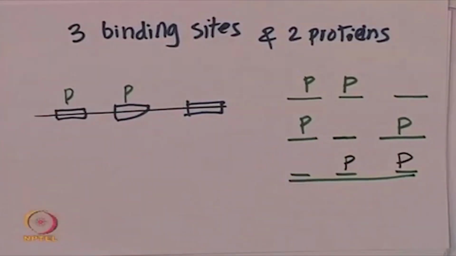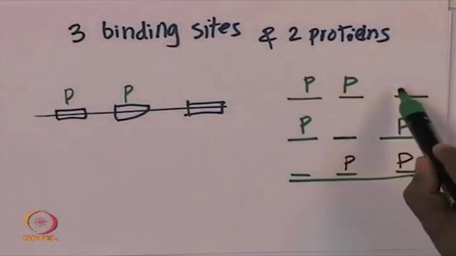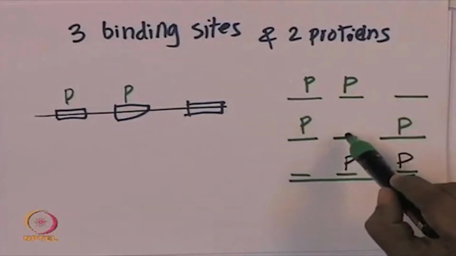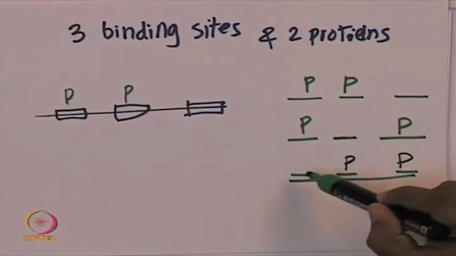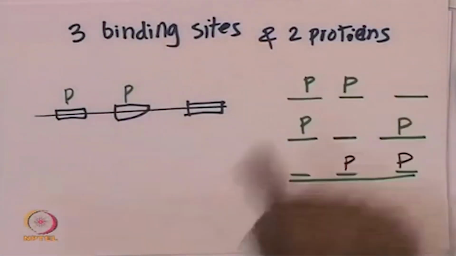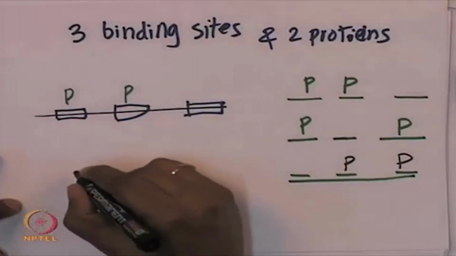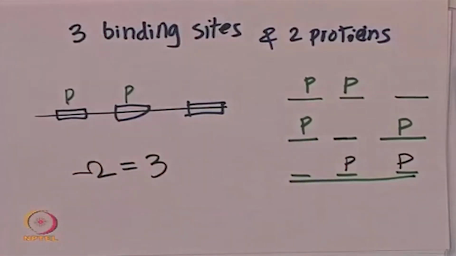Is there any other arrangement possible? We listed 3 arrangements here. In one, the last one is free. Here the middle one is free and the other 2 are occupied. Here the first one is free and the other 2 are occupied. So, if we have 3 binding sites and 2 proteins, there are 3 arrangements possible. So, omega, the number of arrangements here, is 3.